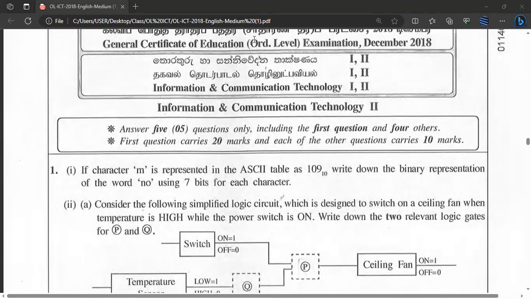Okay, 110, convert that into binary. So here we'll be getting 55, 0, divided by 2.